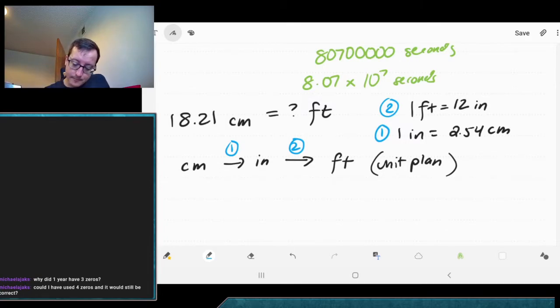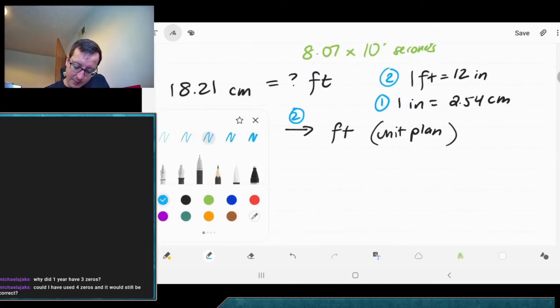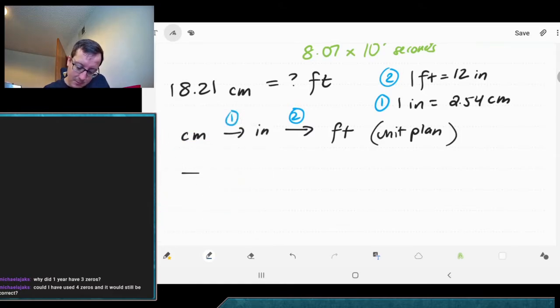And so we can say, okay, now we can set this up. We're going to start with our 18.21 centimeters, which I have obtained with a ruler or some sort of length measuring device. Our first conversion factor, as we see here, according to our plan, is going from inches to centimeters.